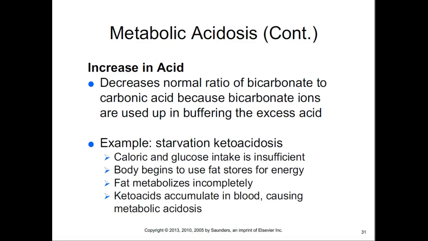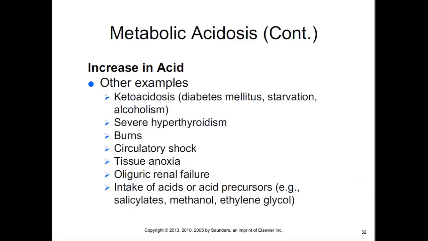That's why some people want to go into ketosis, okay? And this causes a metabolic acidosis. Ketoacidosis is seen very commonly in people with diabetes, and in starvation, and you might also see it in alcoholism.